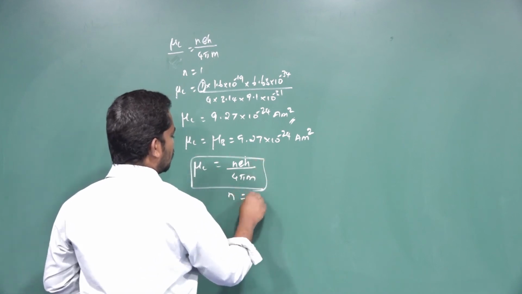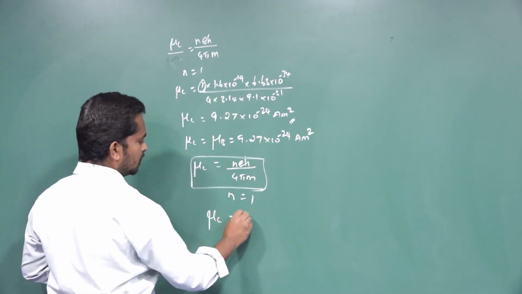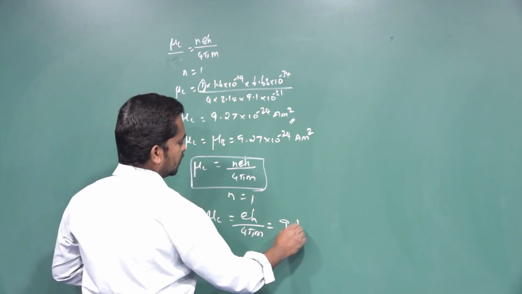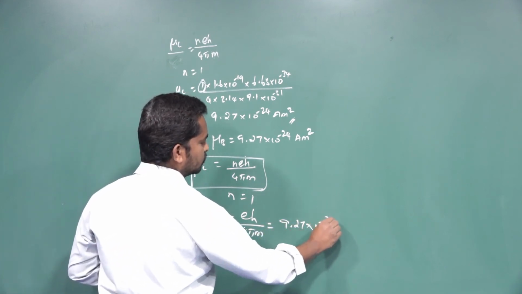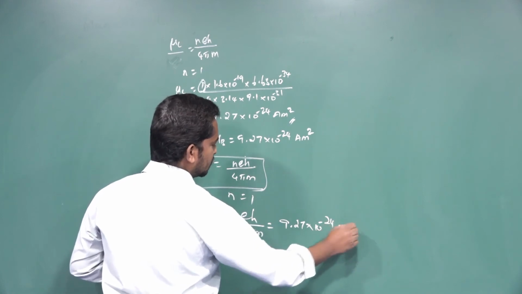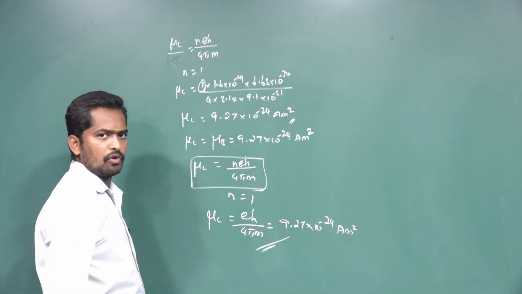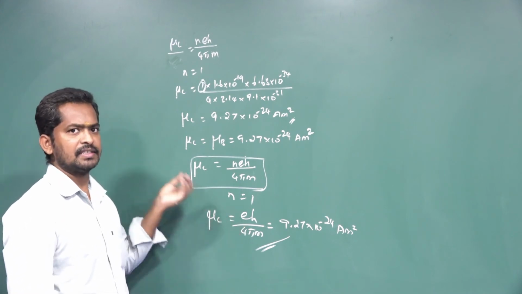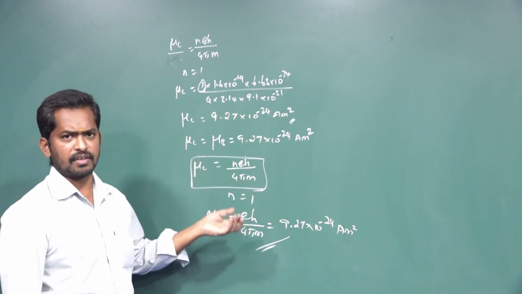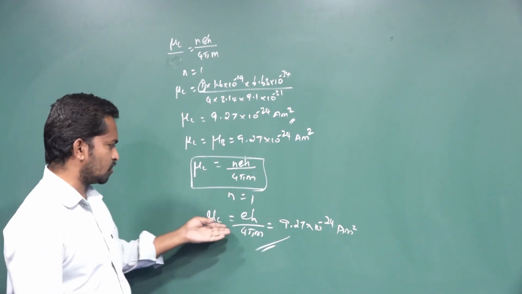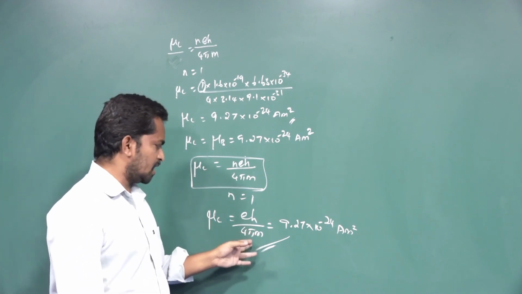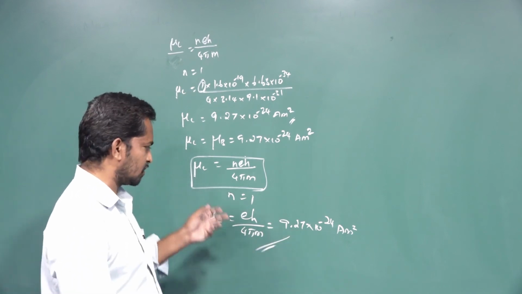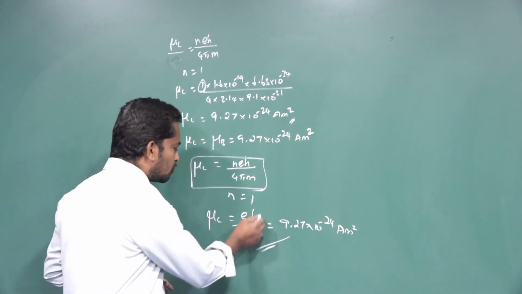Here n equal to 1, so mu L is equal to e h divided by 4 pi m, which is equal to 9.27 into 10 power minus 24 ampere meter square. This is called the Bohr magneton. It is the name given to the least magnetic dipole moment of a revolving electron.